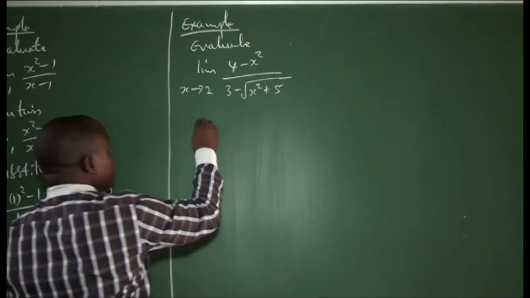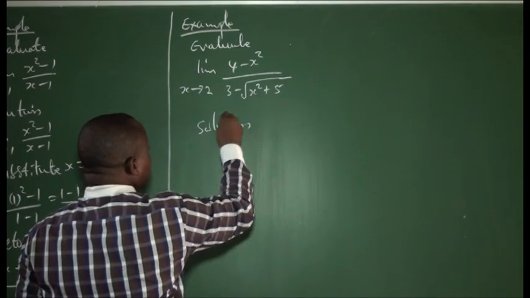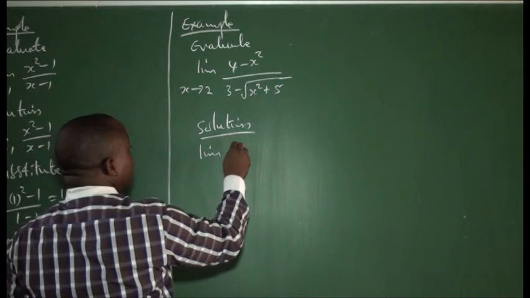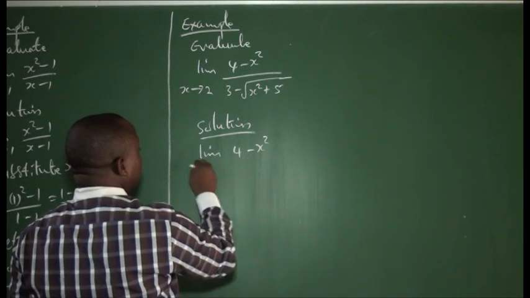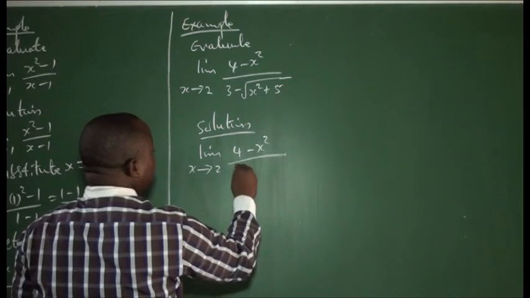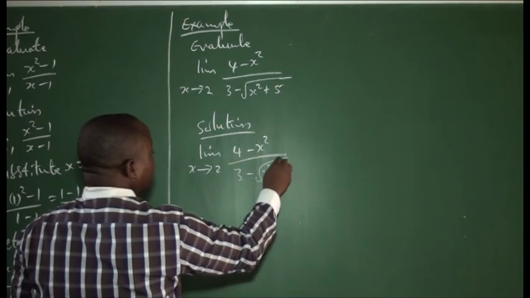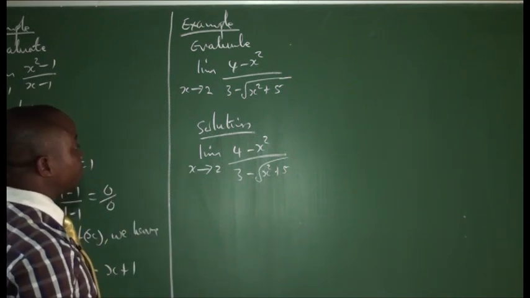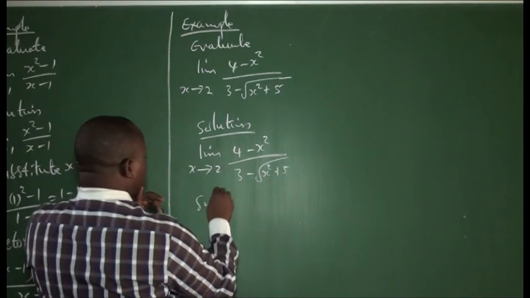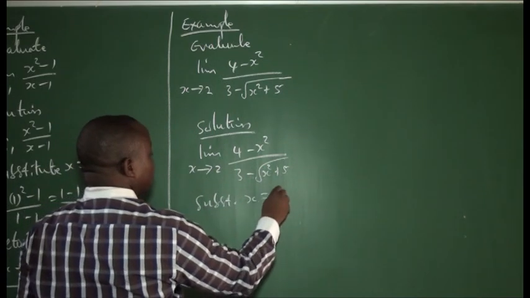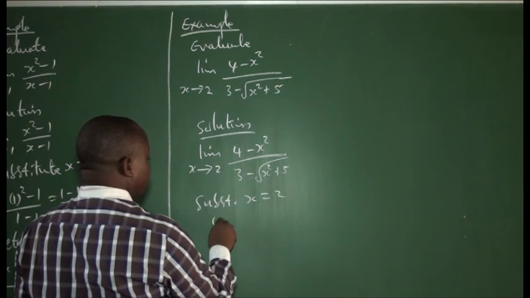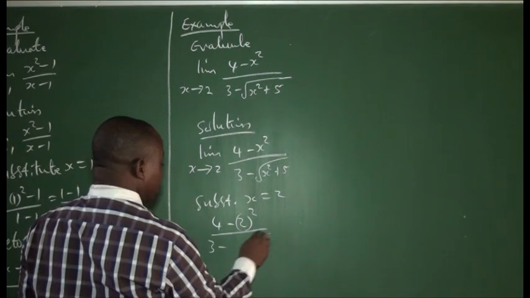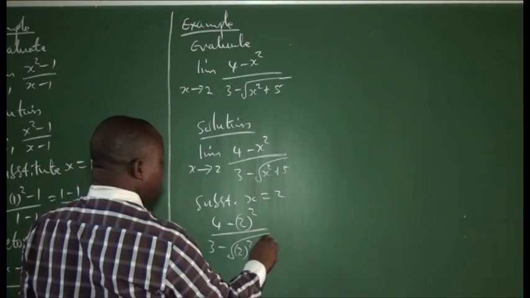Okay, so notice that what we are doing is the substitution method. Limit of 4 minus x squared over 3 minus root of x squared plus 5. Now substitute x equals 2, then we have 4 minus 2 squared over 3 minus root of 2 squared plus 5.